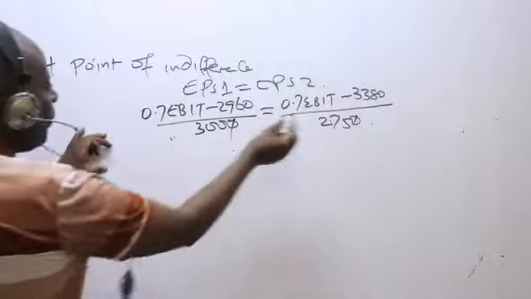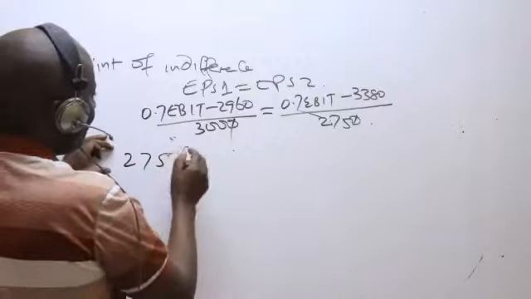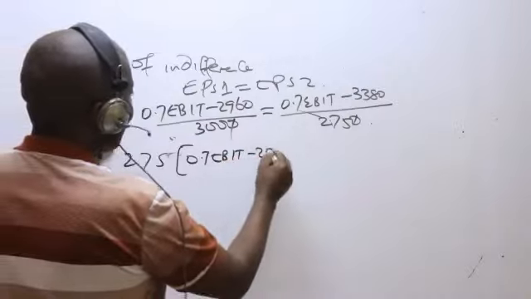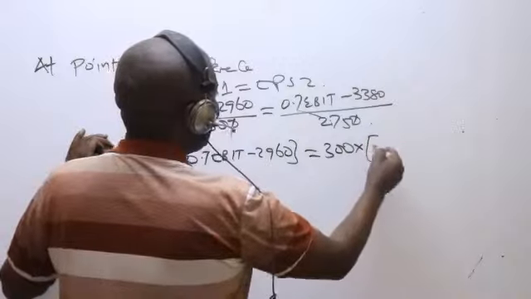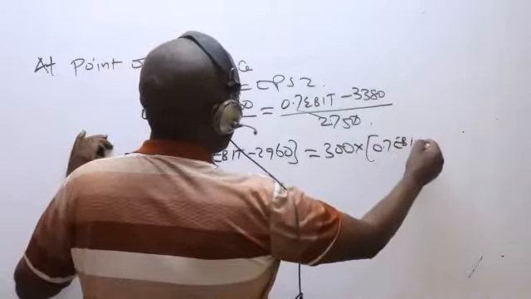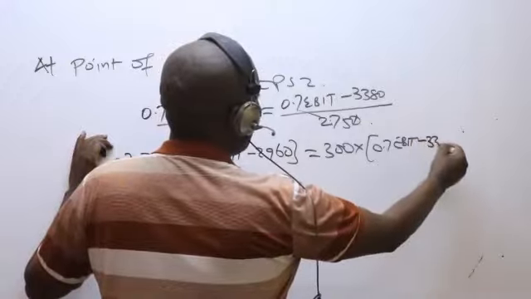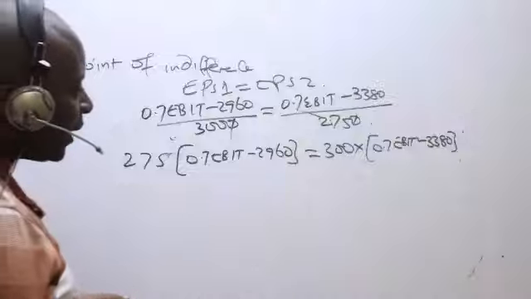So if I cross multiply, this will be 275 into 0.7 EBIT minus 2960 equals 300 times 0.7 EBIT minus 3380. You can do it without canceling those zeros and then compare answers.